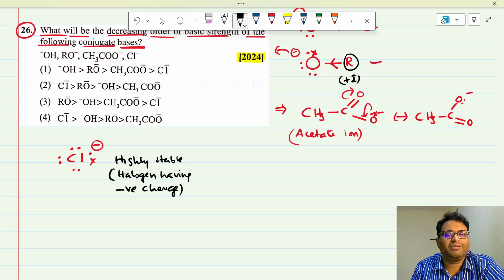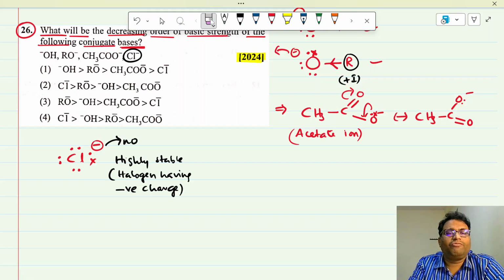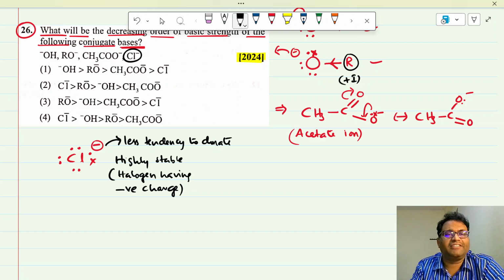So comparatively, chloride is very highly stable. When it is highly stable, does it donate this pair of electrons? No. So we say very less tendency to donate. So least basic is chloride. Highest basic is OR minus here.